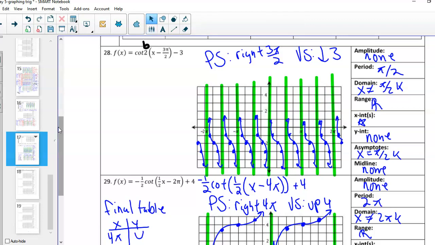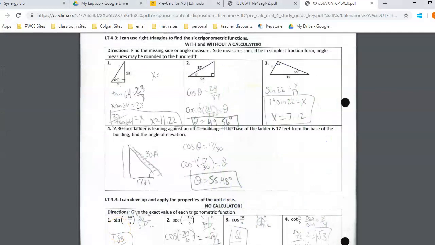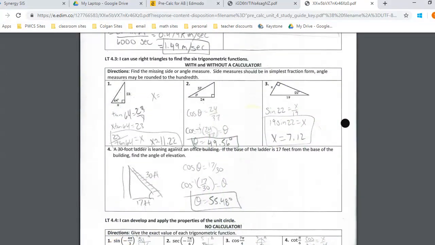So on the study guide, I noticed this. Back when we were doing solving right triangles and we'd find the side, we didn't do any examples like this, and I just wanted to make sure that we were all on the same page. Now, it's not a new concept, but just so that you know it and have it and can't say that I didn't show it for you.